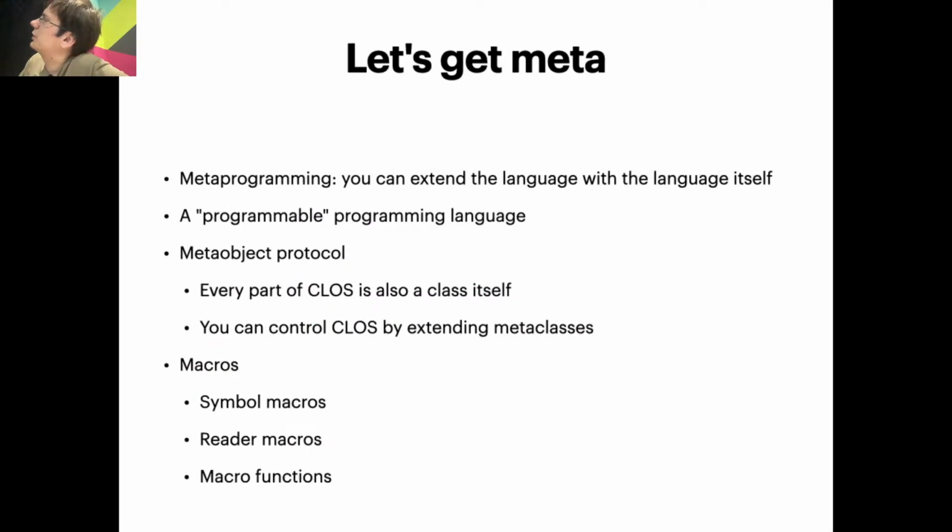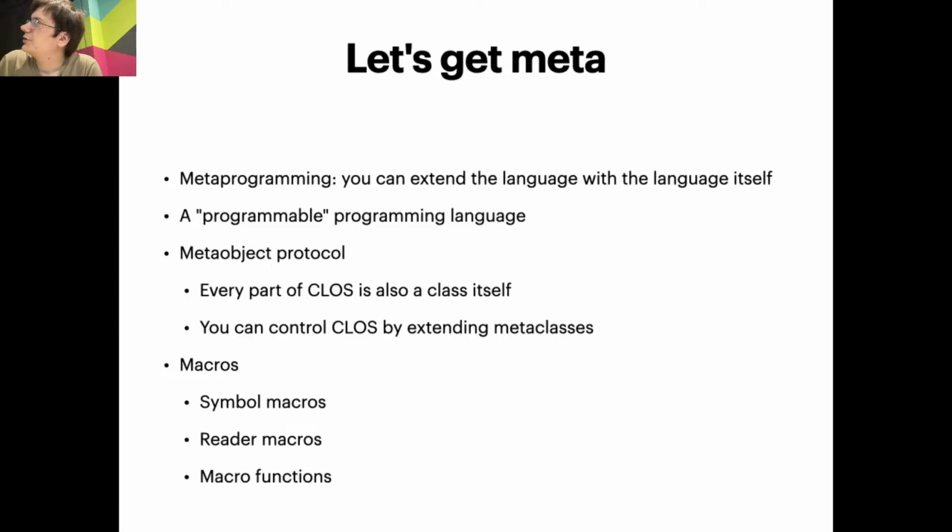Yes, so there is also metaprogramming in Common Lisp, which is expressed in many ways. Generally, metaprogramming is extending the language with the means of the language itself. In other words, Common Lisp is a programmable programming language, and the designers of Common Lisp took great care to enable this kind of programming.